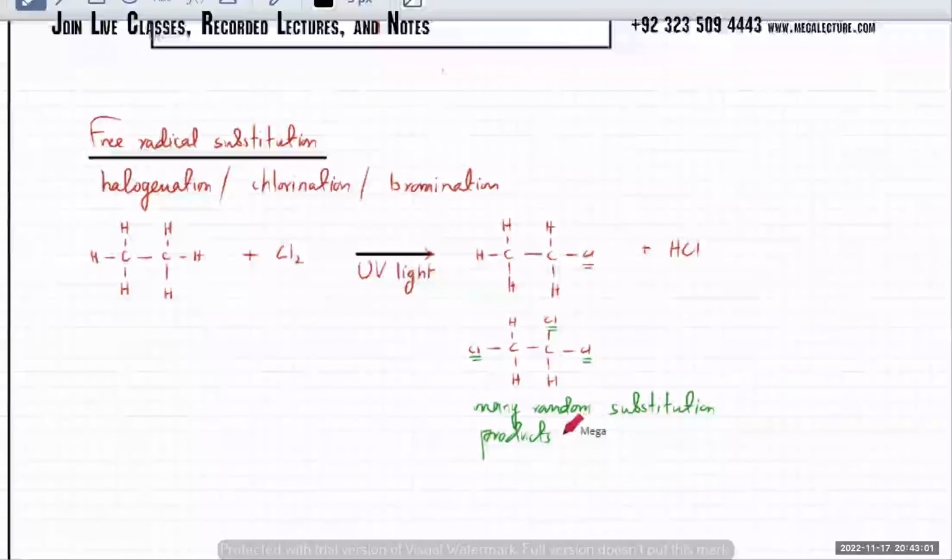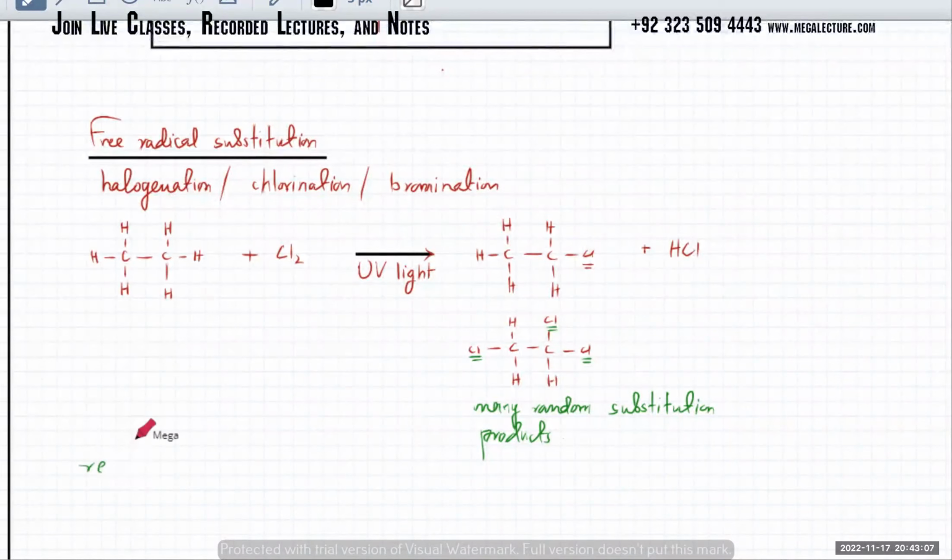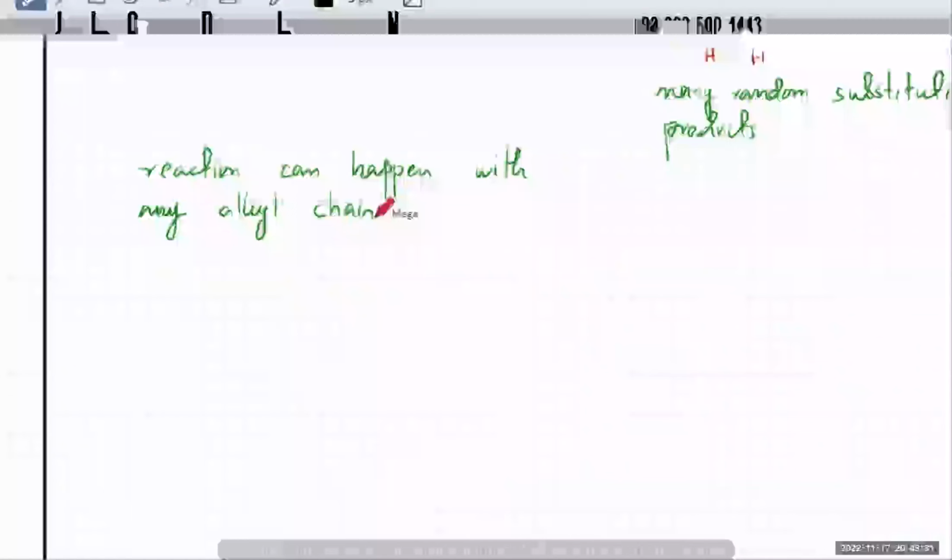The same reaction, the substitution reaction, can happen with any alkyl chain. So the reaction is not just for alkanes. The reaction can happen with any carbon chain. Now, almost all molecules have a carbon chain. An alkyl chain is a carbon chain. So you don't need an alkane for this reaction.